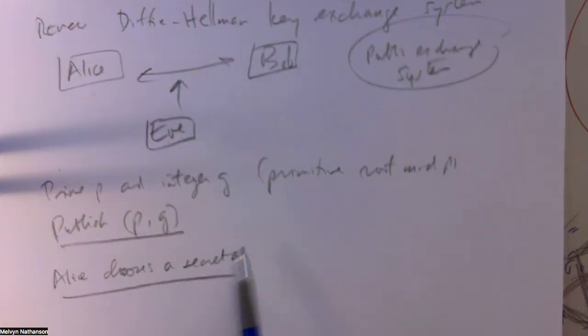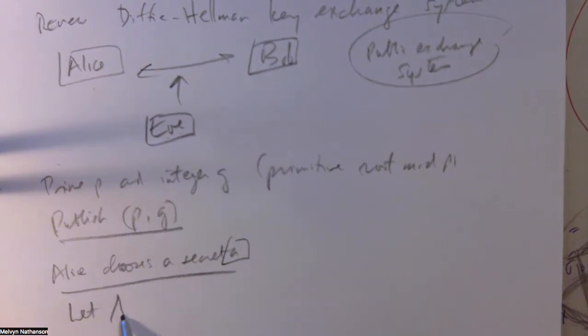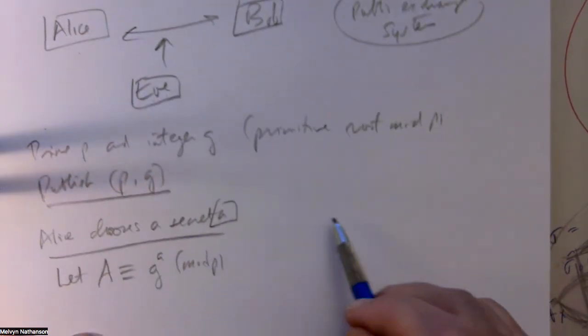All right, Alice chooses the number a. She doesn't tell anyone. She doesn't tell Bob. And she lets capital A be the primitive root G raised to the power a and reduced mod P. So Alice can calculate capital A because it's based on her secret number little a.